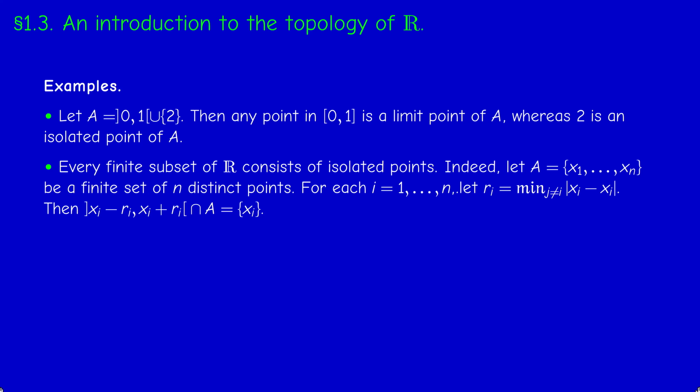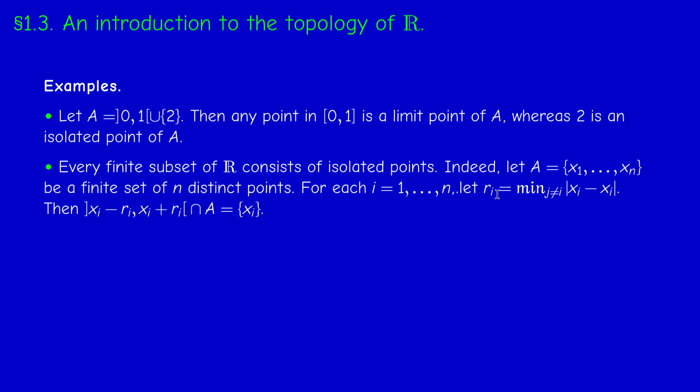So for each index i between 1 and n, let Ri be the distance between xi and the set A without xi. So consider the point xi. Among the remaining points, there is one closest to xi. You can call it xk if you like. Take this to be Ri. So what does it mean? First of all, Ri is positive because we assume that the points are distinct.